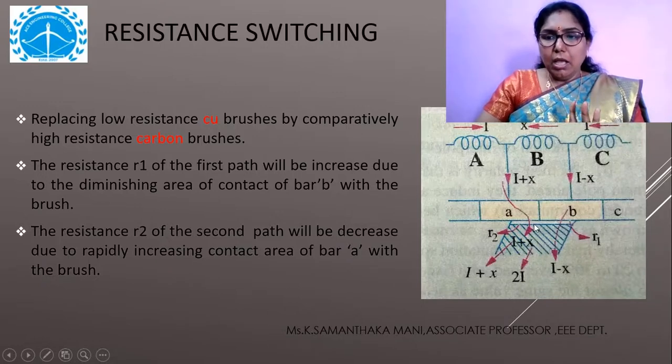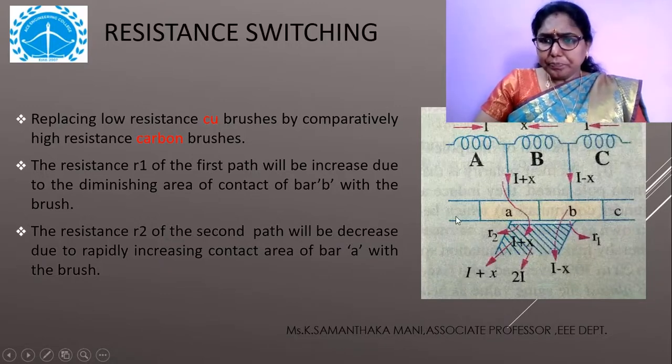Compared to copper brushes, a carbon brush will have high resistance, so this material is used in resistance commutation. But we need to understand how using carbon brushes eliminates the problem of poor commutation. So again I would like to explain the process here.